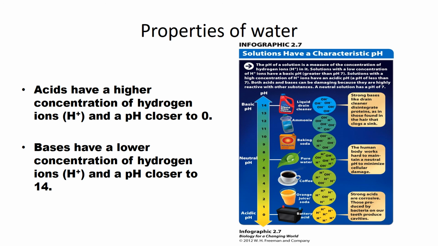The closer you are to 0, the more acidic you are. Some examples of acidic substances include orange juice, coffee, and the acid found in a battery. Bases have a lower concentration of hydrogen ions, and on the pH scale, they are closer to 14.